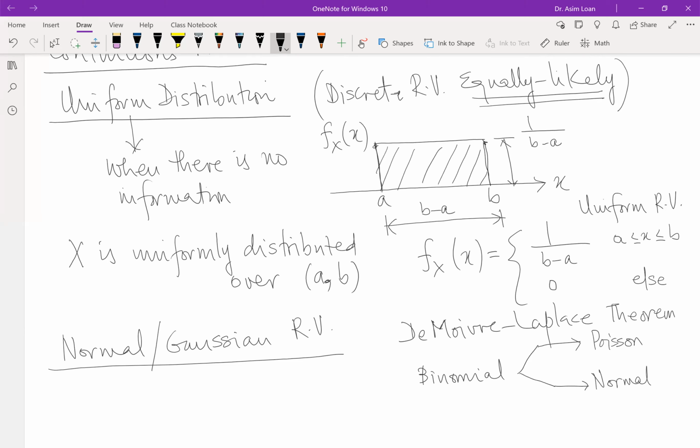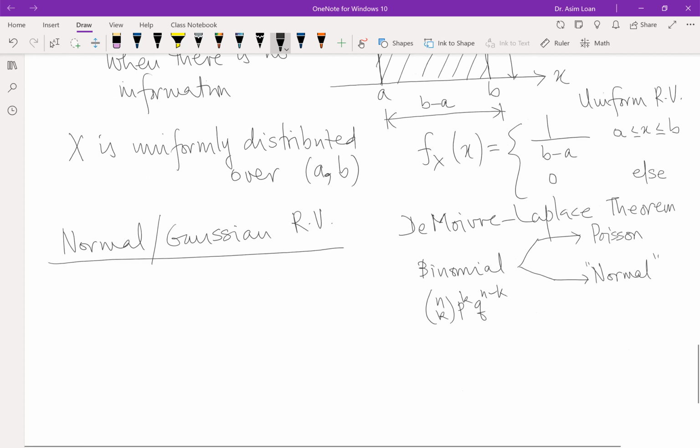So to calculate the binomial probabilities, K heads in N tosses, P to the K, Q to the N minus K, P successes, Q failures, however you want to define them. So you have the Poisson and the normal case.